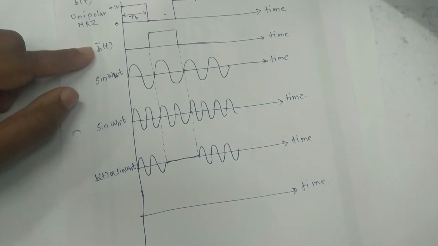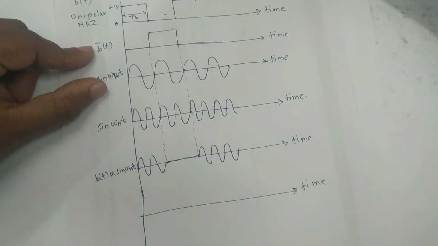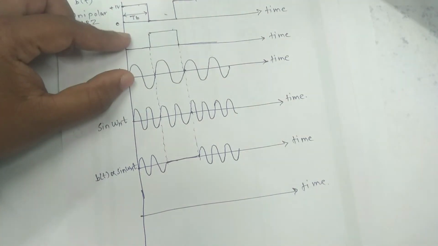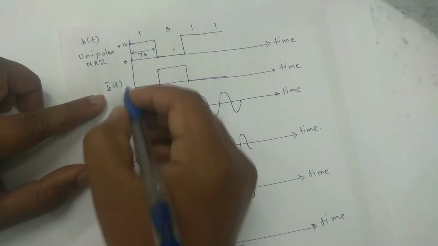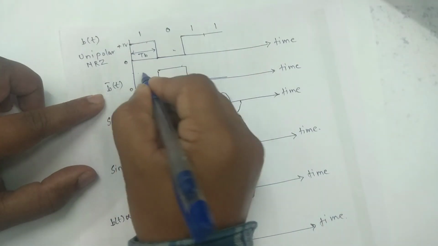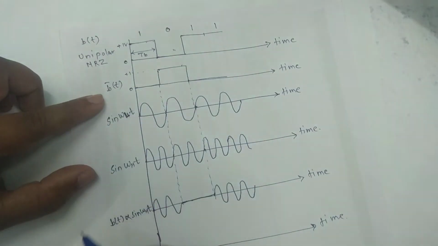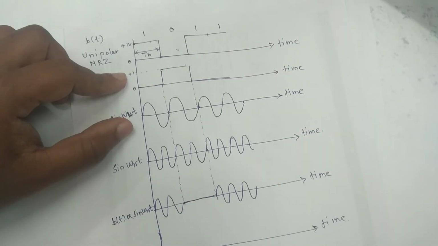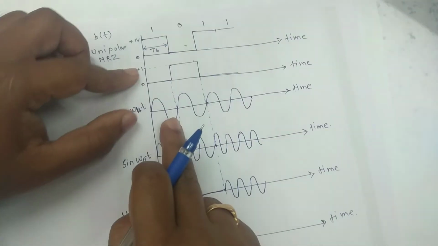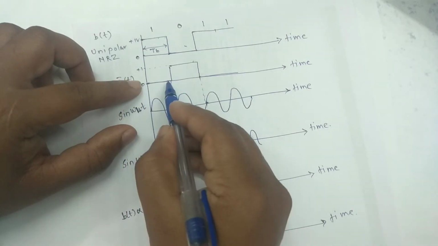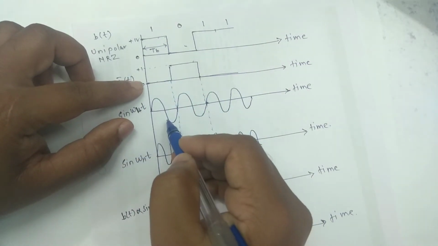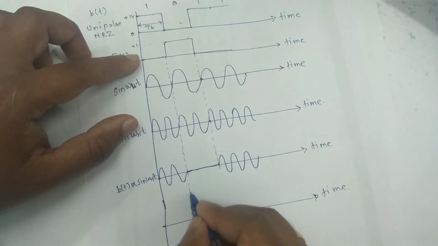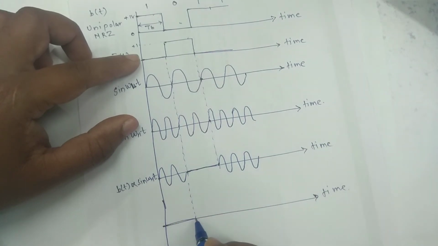Now we take the multiplication of b bar t with the low frequency carrier. Let us take this amplitude as 0 and this level as plus 1 volt. So 1 into this low frequency carrier. The first bit is 0, so 0 into carrier, the output will be 0.